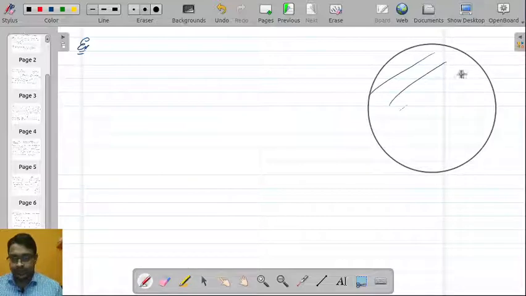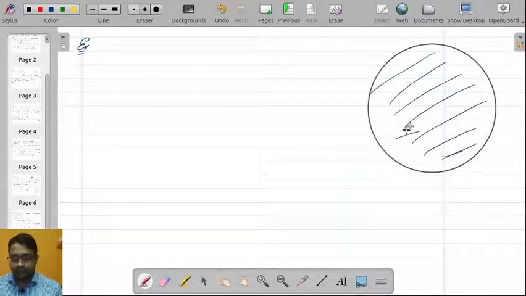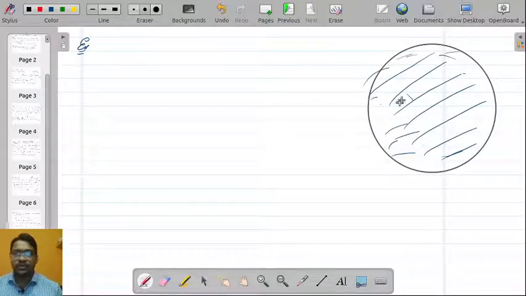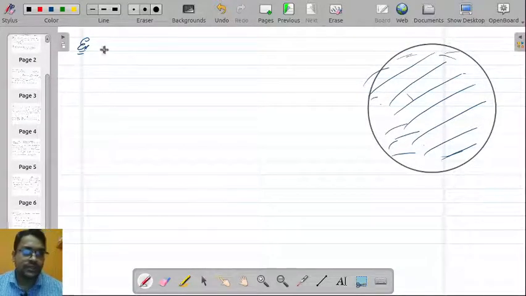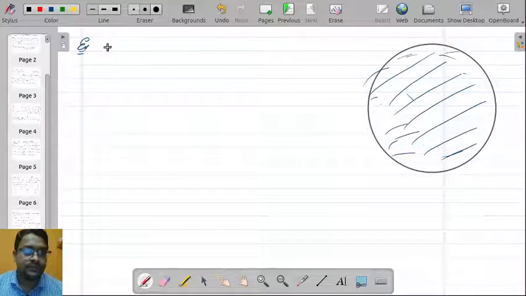Say something like this: the interior as well as the boundary of the circle. A circular disc is a convex set.